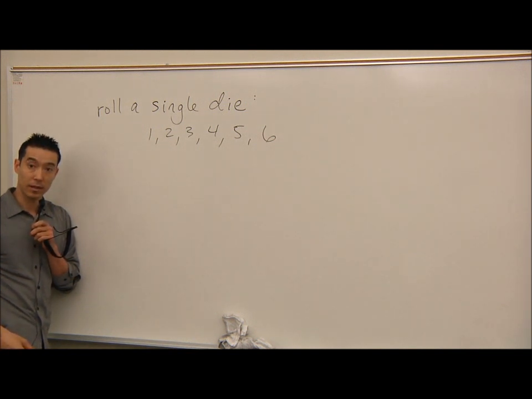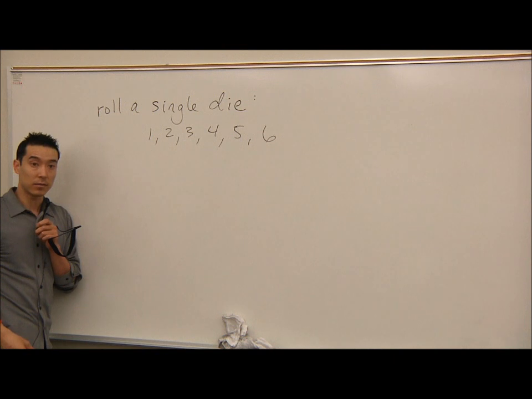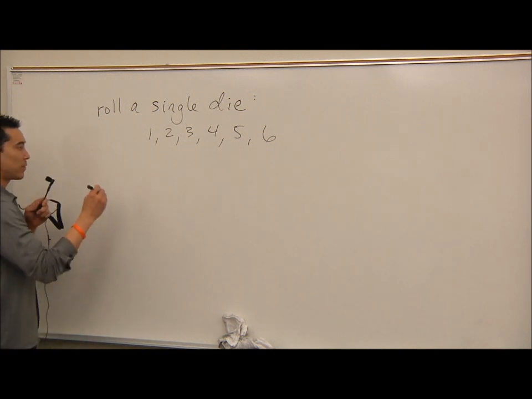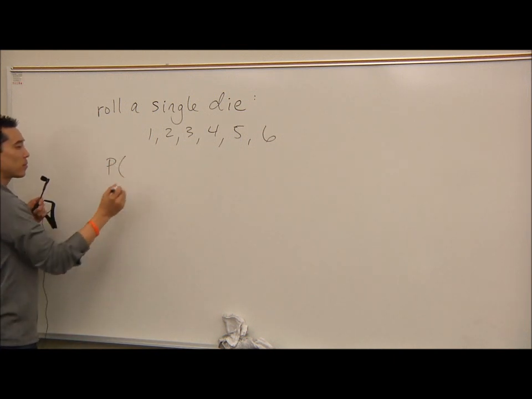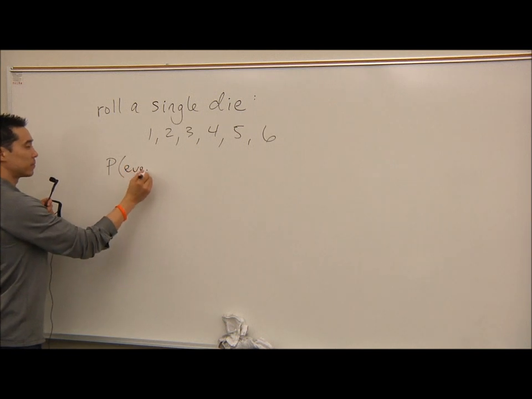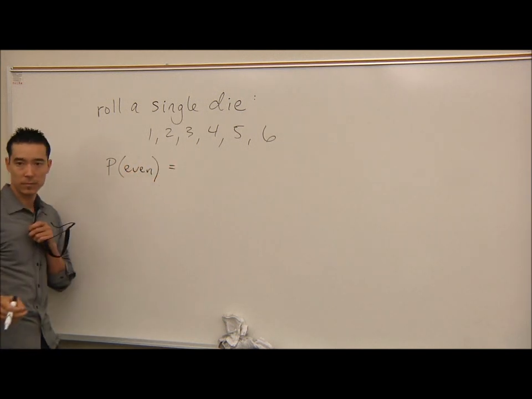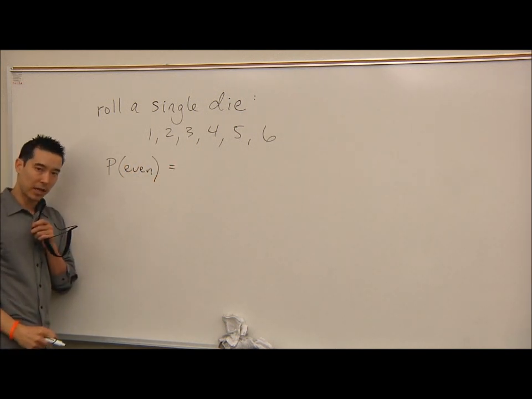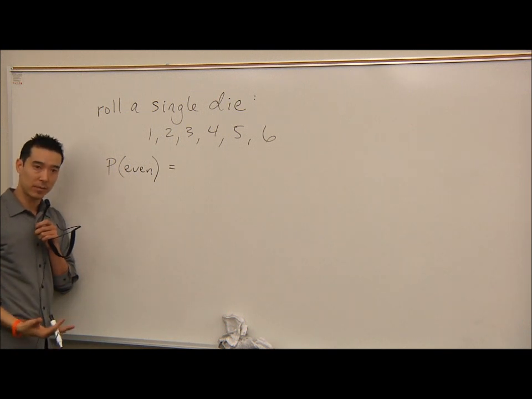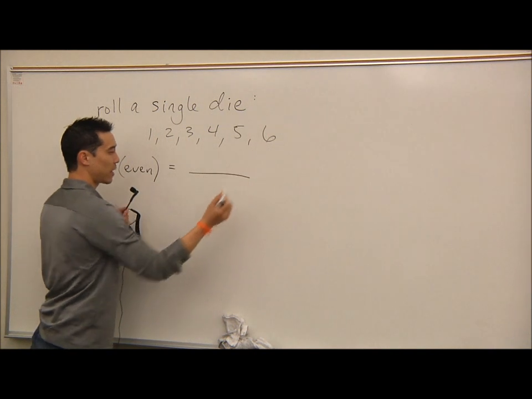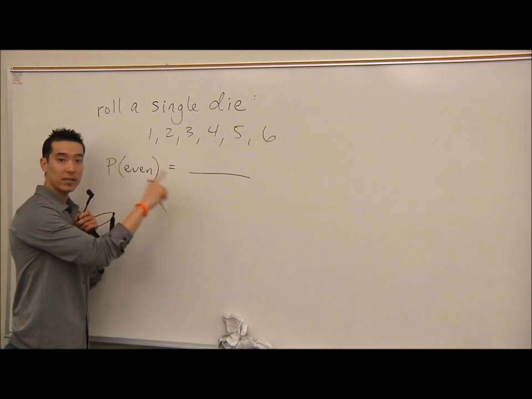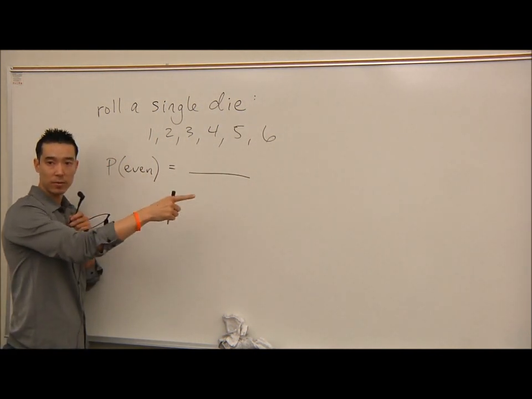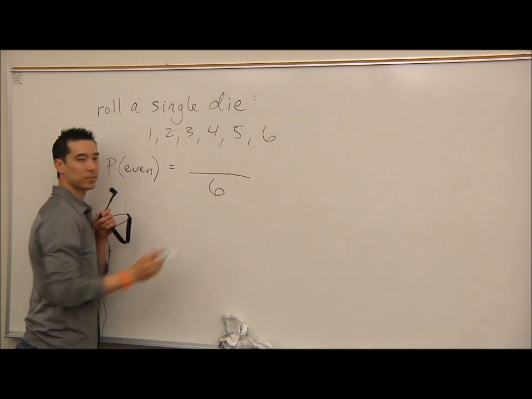Okay? Now, I'm going to start asking you some questions. If I roll a single die, what's the probability of getting an even number? Okay? How do I calculate that probability? Well, I'm going to use classical probability. Classical probability tells me there's a fraction. The denominator is every possible outcome. How many outcomes were possible? 6. Okay?